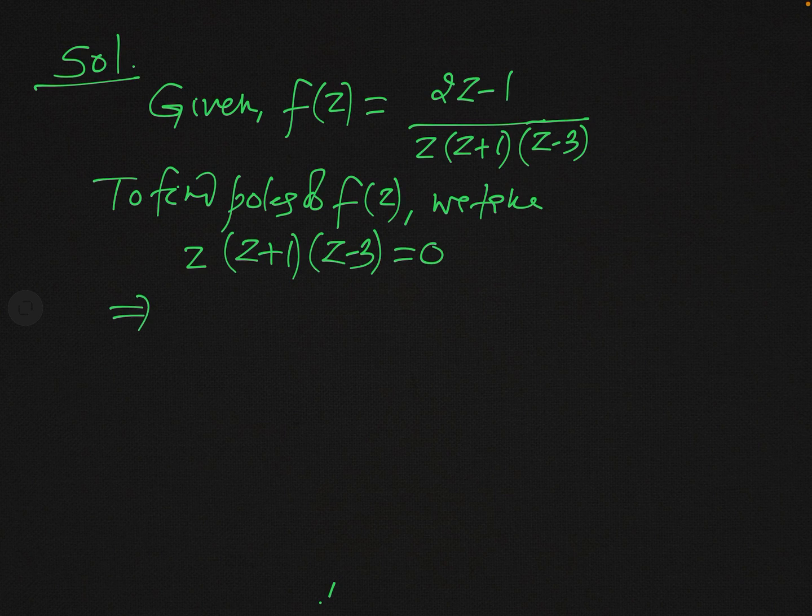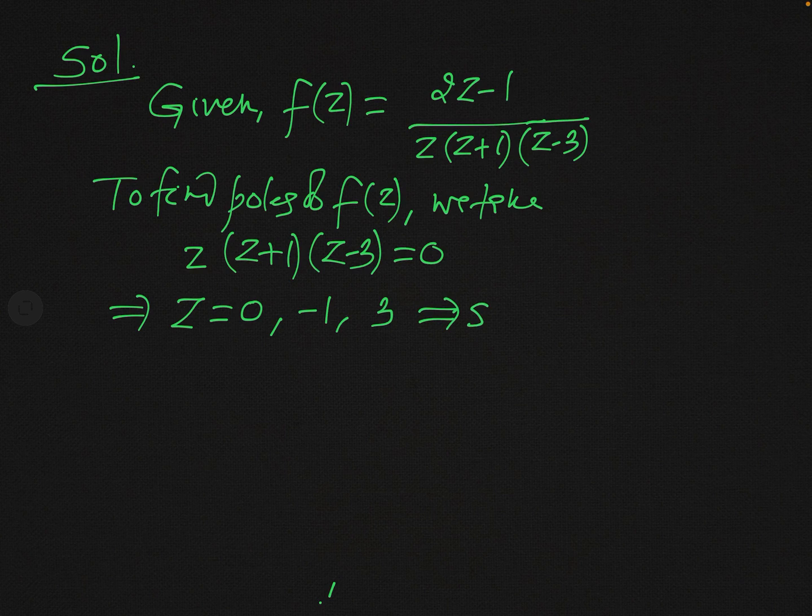And you can see from here there will be 3 solutions of this equation. This will be z equal to 0, z equal to minus 1 and z equal to 3. And as the power on each factor in denominator is 1, so actually these are simple poles.